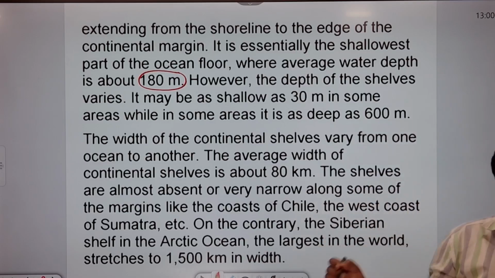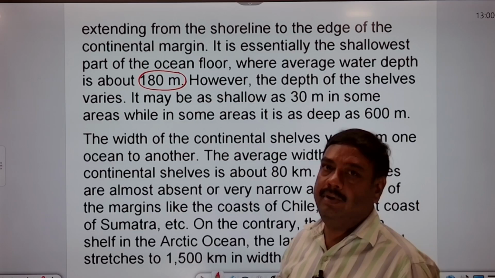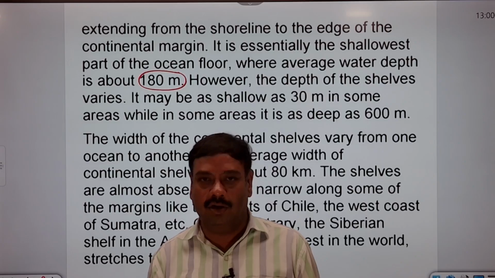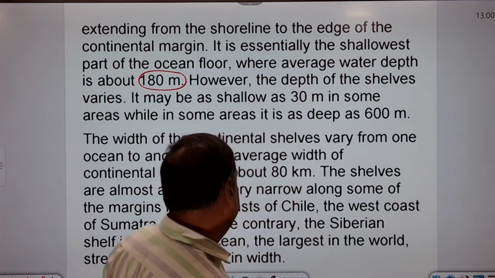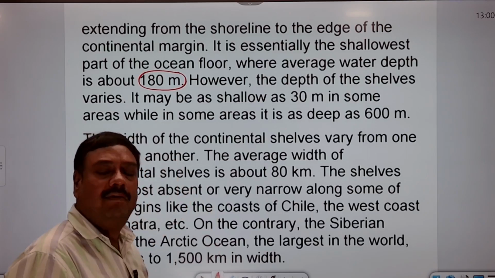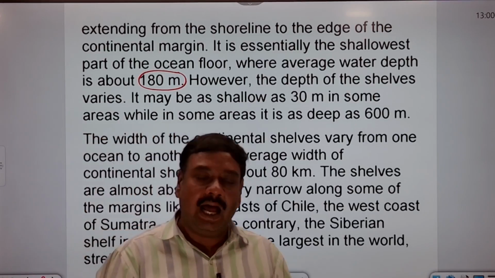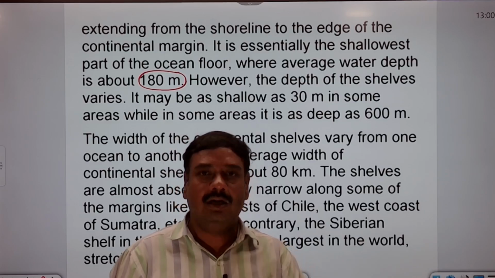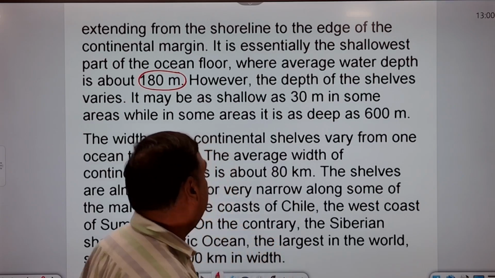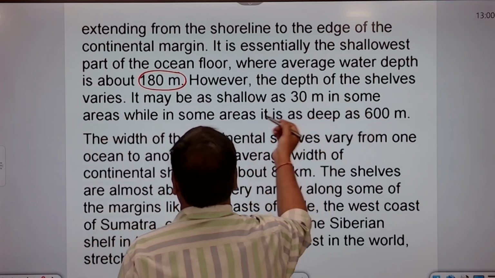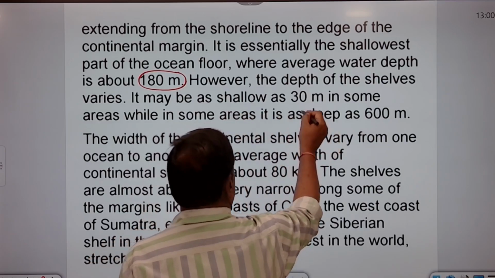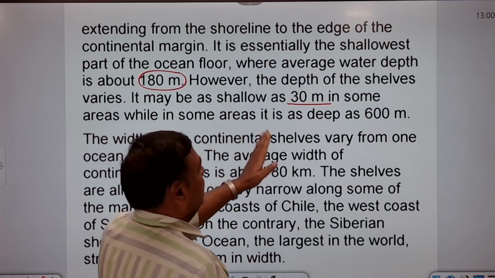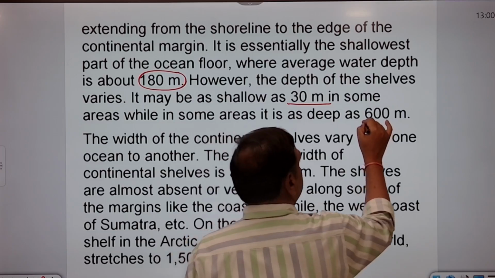In the huge ocean, this depth of 180 meters is nothing. Got it? So it is the average depth, and when we take an average value, obviously the actual value will be either somewhat more or somewhat less, right? However the depth of the shelves varies, it may be as shallow as 30 meters in some areas, while in some areas it is as deep as 600 meters.